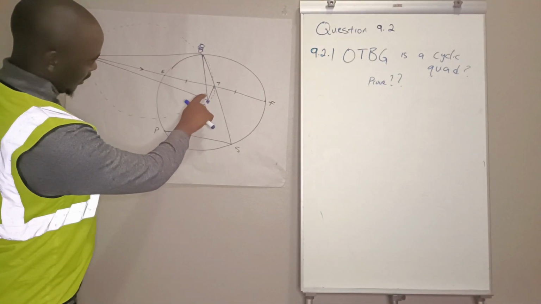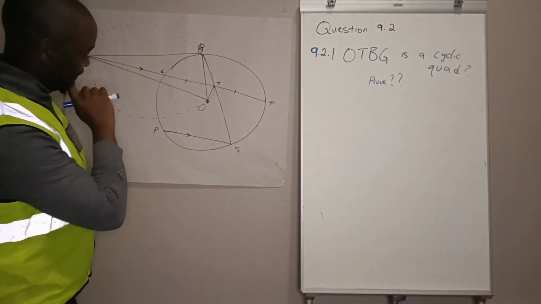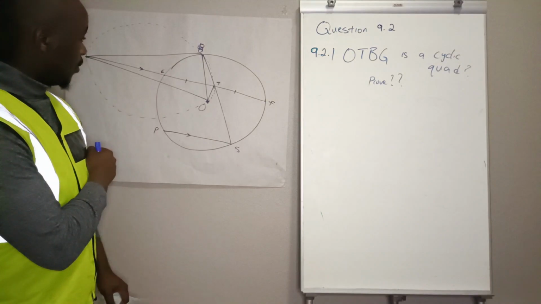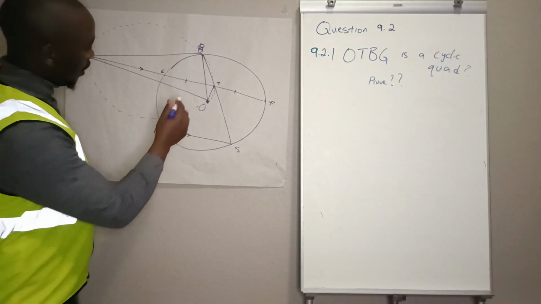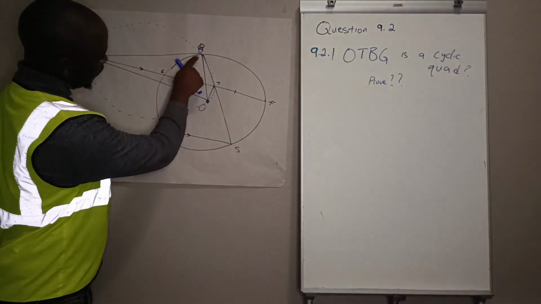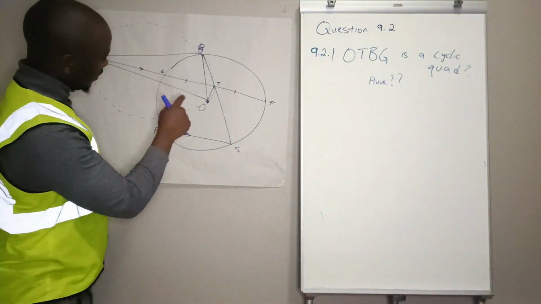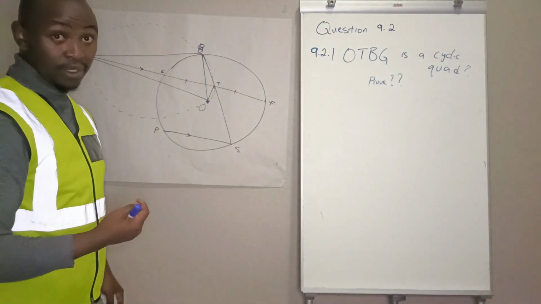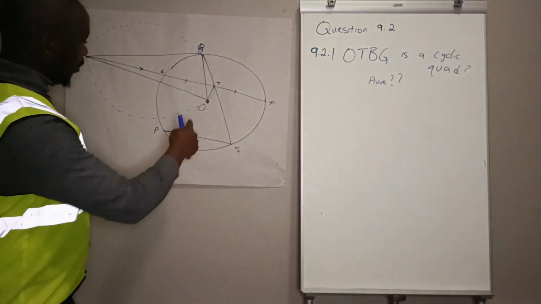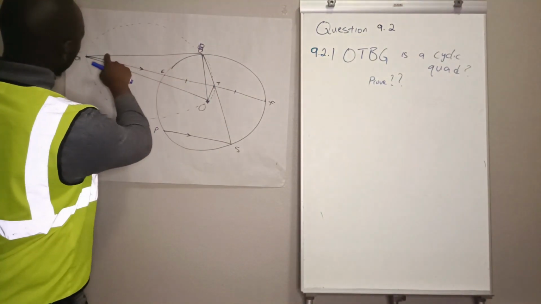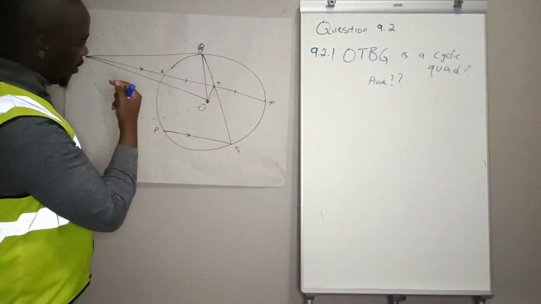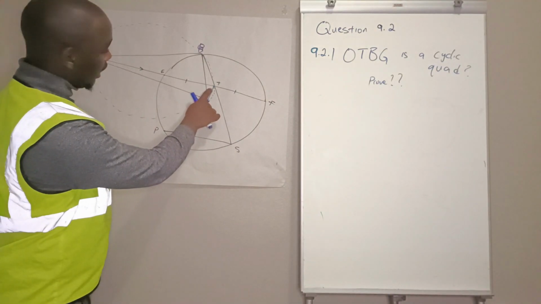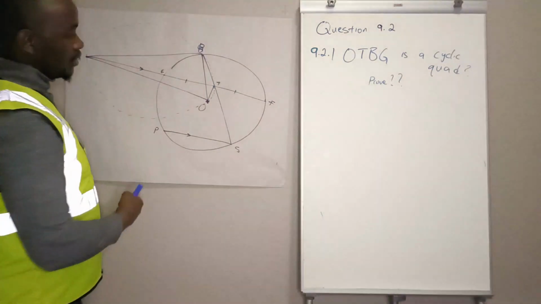This angle is opposite this one, but we can already see that it's going to be hard for us because this angle is unknown, this one is unknown, yet this one is unknown and this one is unknown. So it's going to be a problem for us. Or maybe we can go about this one and this one. But this angle is unknown. We can probably find this one quickly, and also these ones are unknown.